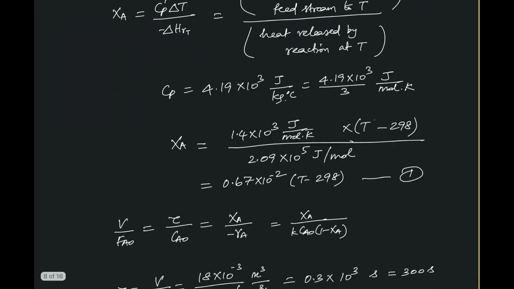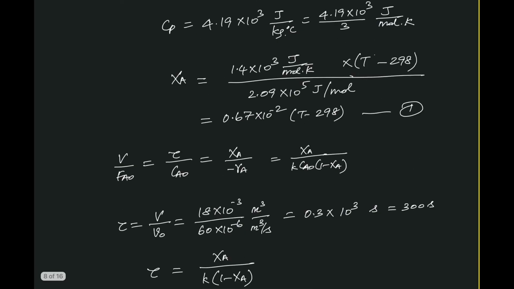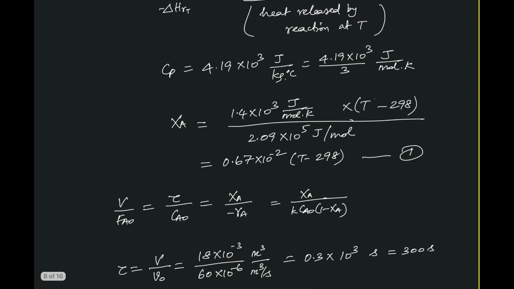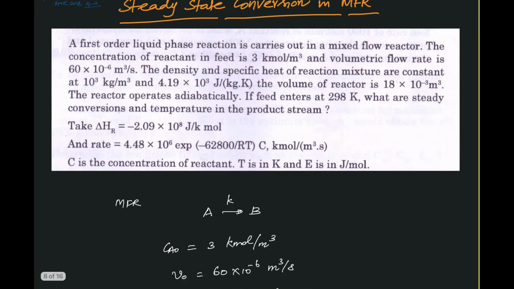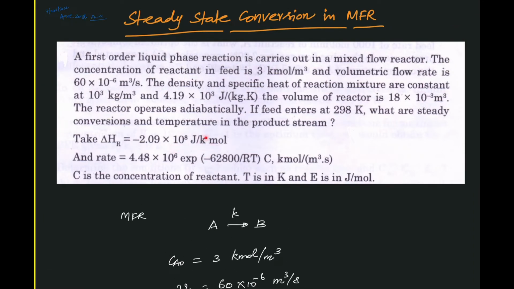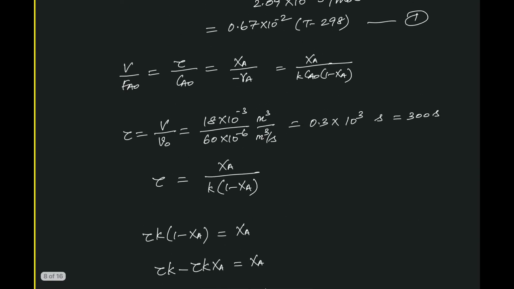Convert that to mole unit. So 2.09 into 10 power 8 joule per k mole. So per mole it is divided by 10 power 3, so it will be 2.09 into 10 power 5. So that's why we have this.